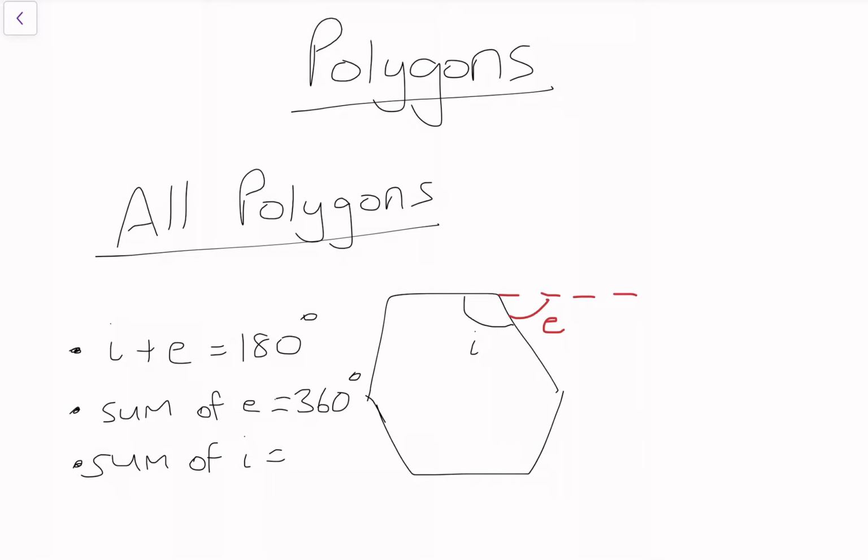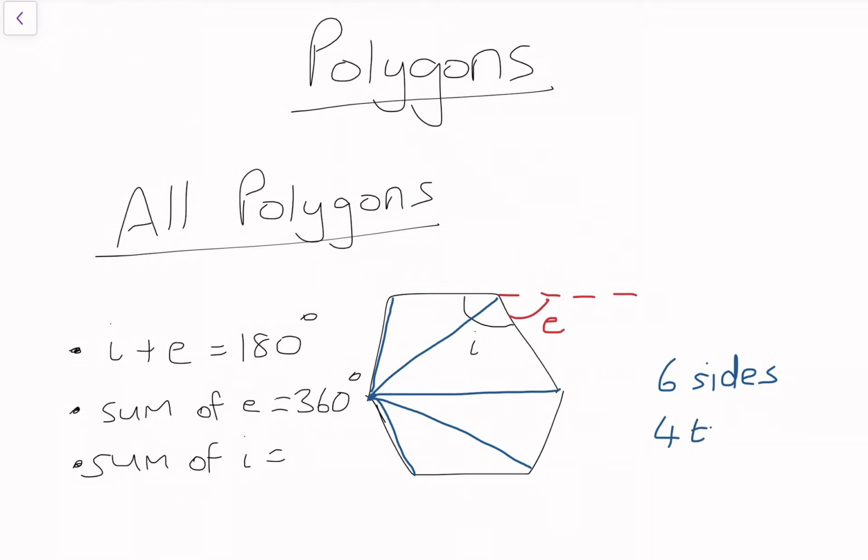So to show you how you might do this visually using the drawing of the shape, if you take any point and start at that vertex, that corner, and go from that vertex to every other vertex, then you should see what you have made is 4 triangles. In this shape you've got 6 sides, and if you join one vertex to every other vertex, you end up with 4 triangles.